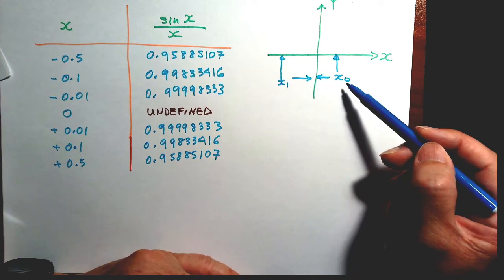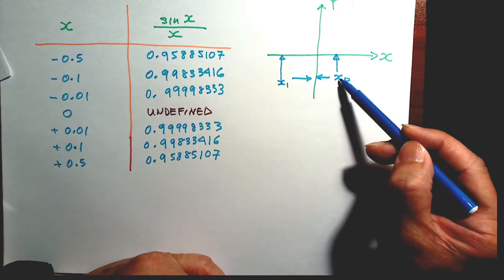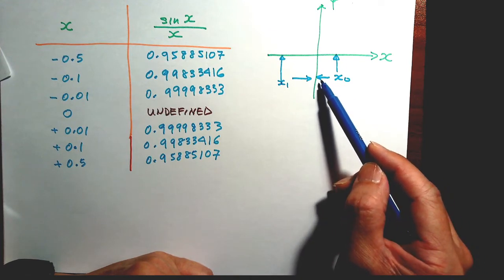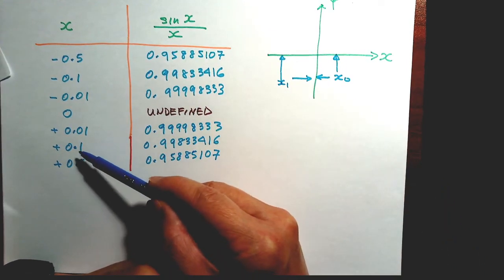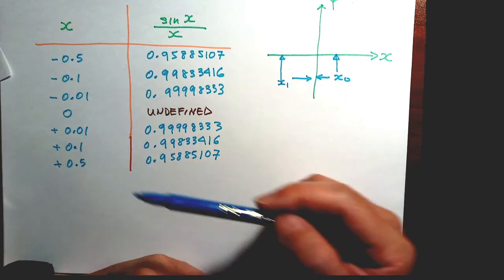In this first case, x is approaching 0. The x value, which is this value, is approaching 0 from a larger number. Here's a larger number, 0.5, 0.1, 0.01, and it gets smaller and smaller, and it approaches 0.